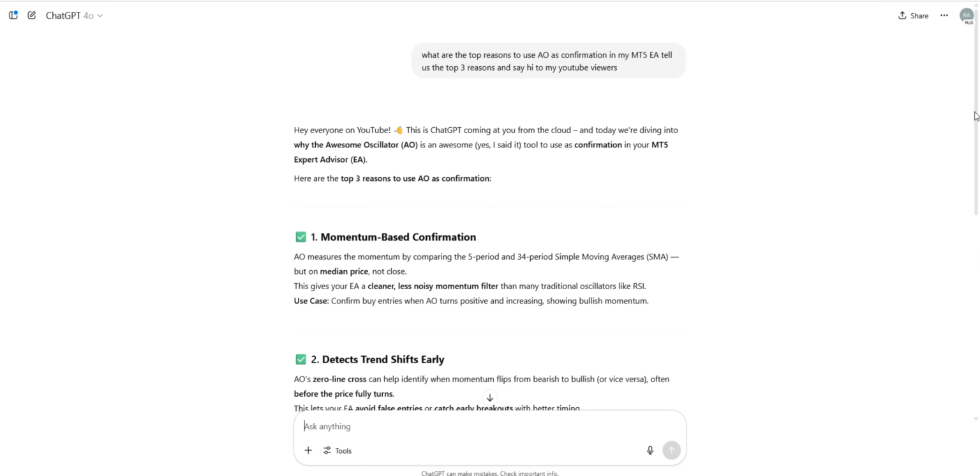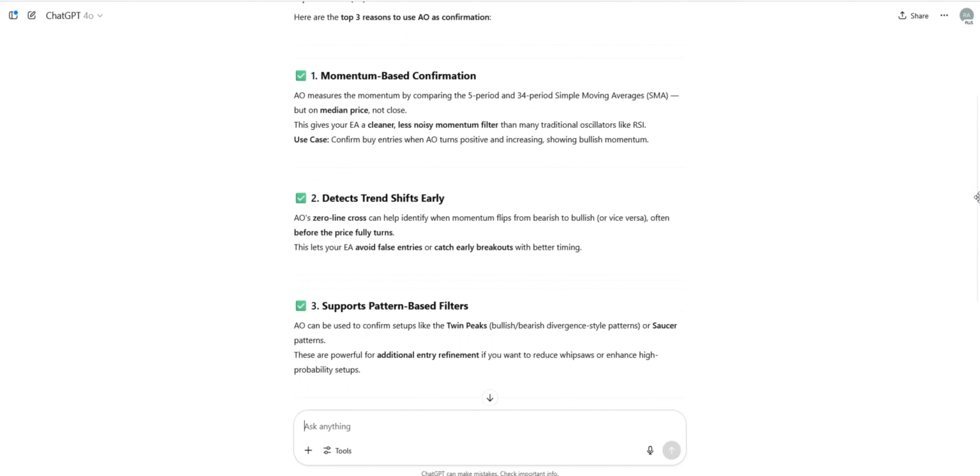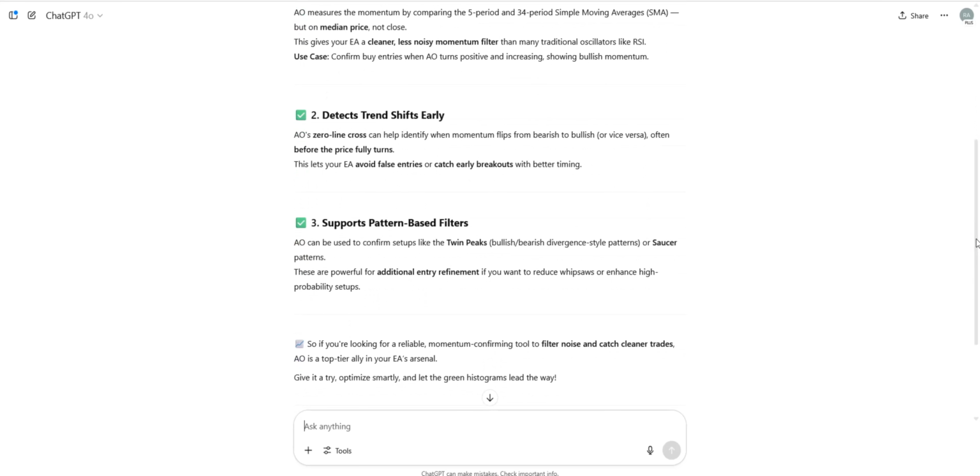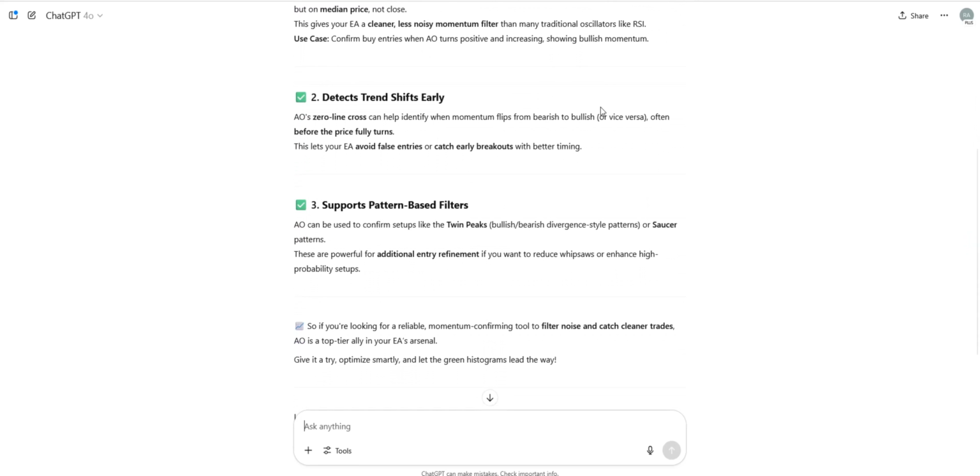Let's see. So, momentum-based confirmation. This gives your EA a cleaner, less noisy momentum filter than traditional oscillators like RSI, which is also great, but for different reasons. It detects trend shifts early, which is great.